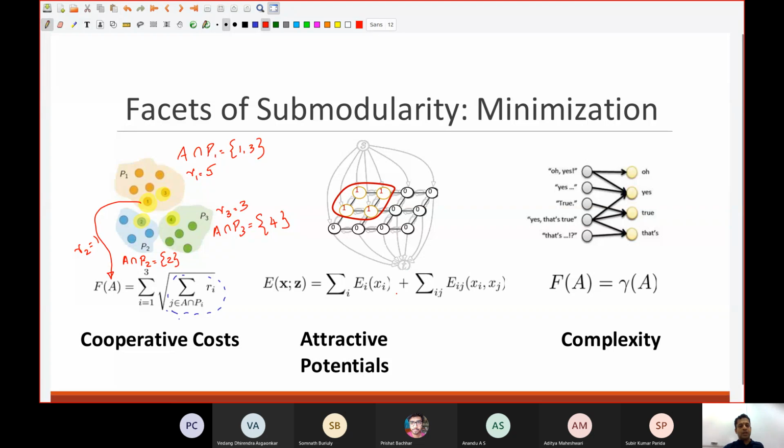That's what it means. So this function, the blue part, what is the nature of this function? Summation over j in A intersection Pi. What is this? Summation over Ri. It is modular. This is totally modular.